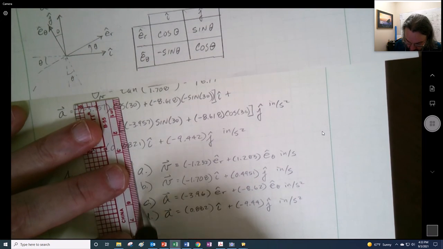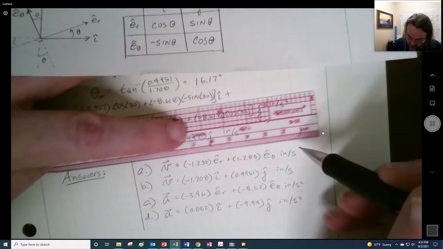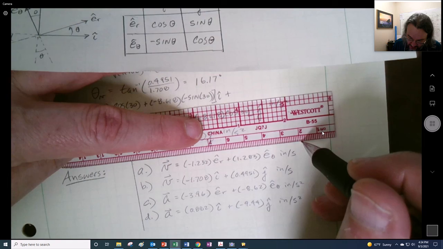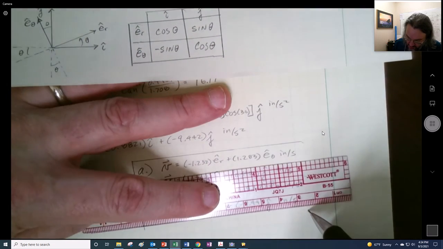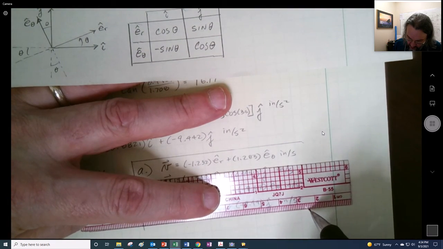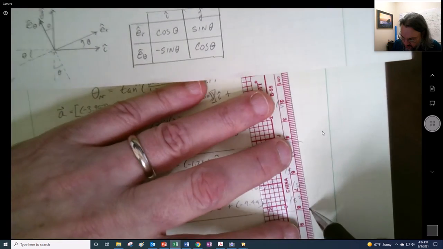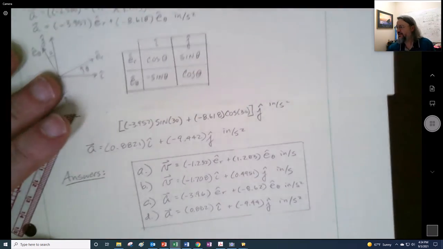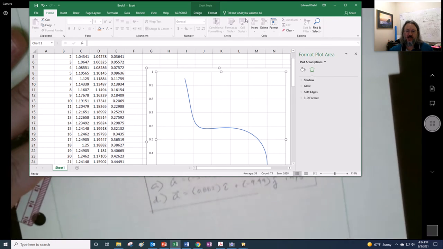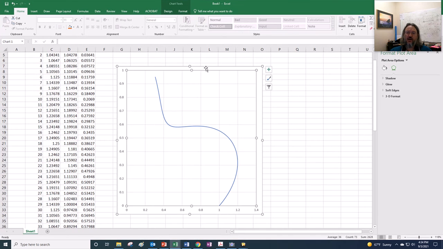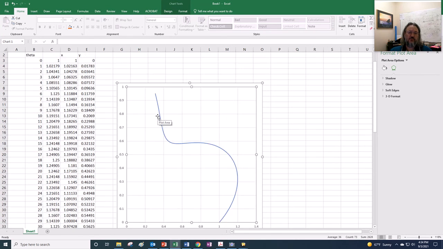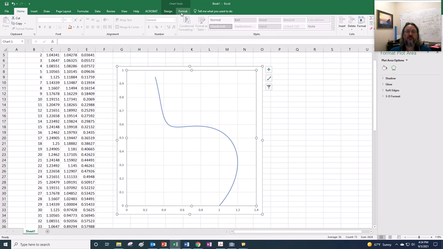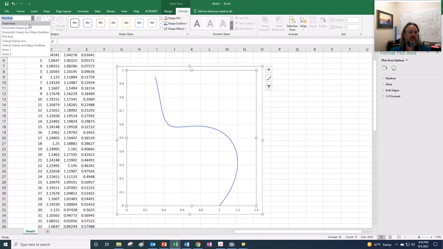And there is part E that you could do if you'd like. I ask you for the radius of curvature at this location. I'm not 100% sure I got this right. I did it, I'm not going to show it to you. I want you to try to figure it out. Let's grab a hold of that point again.